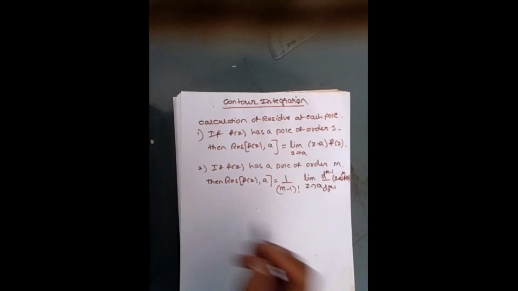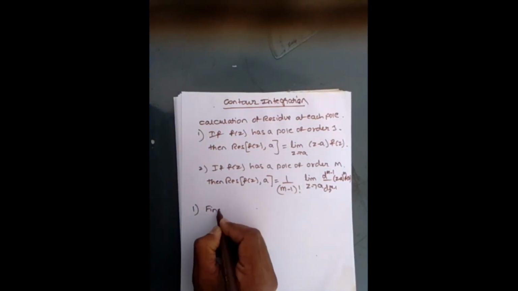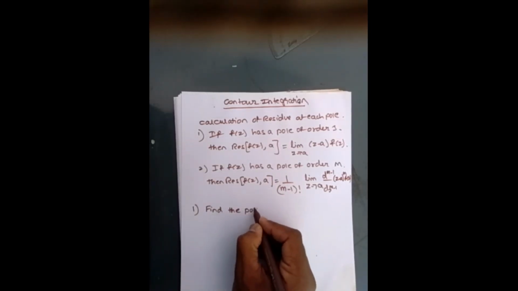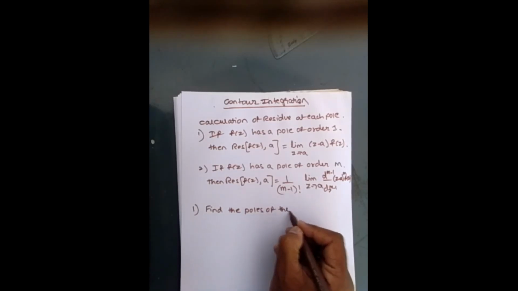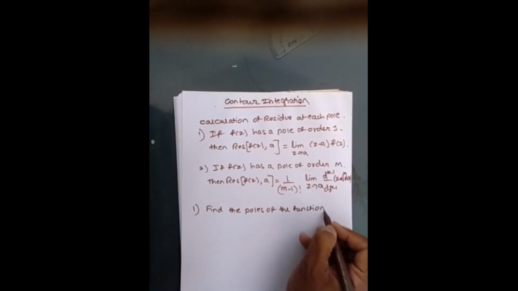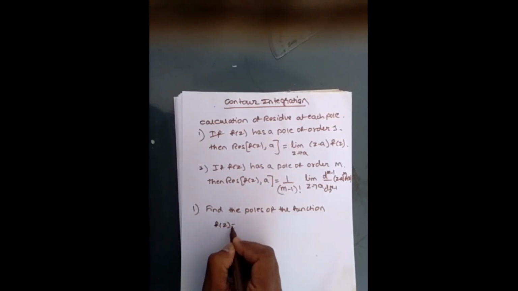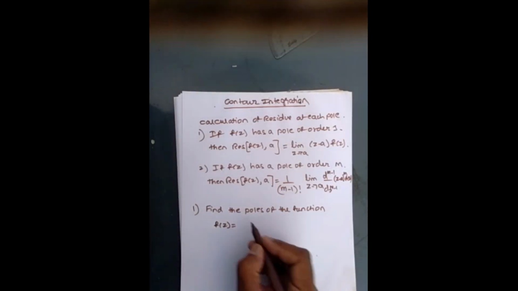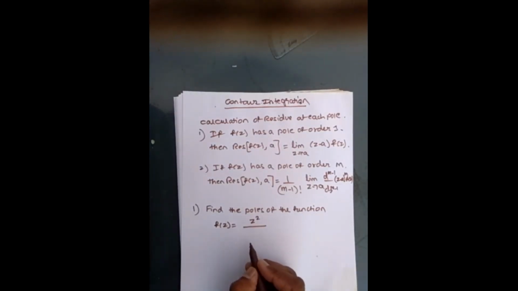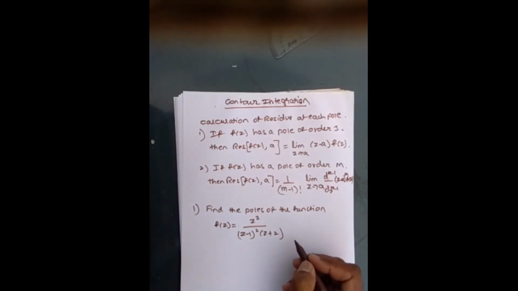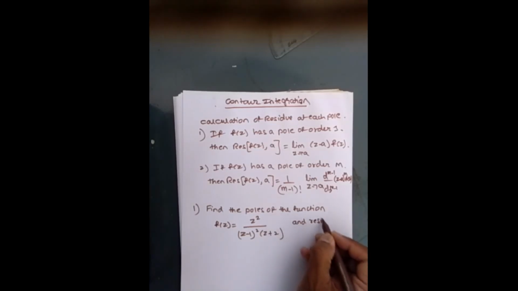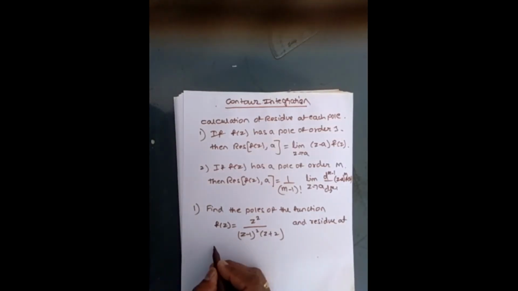Okay, so now take one example. Find the poles of the function f of z is equal to z square divided by (z minus 1) whole square into (z plus 2), and the residue at each pole.